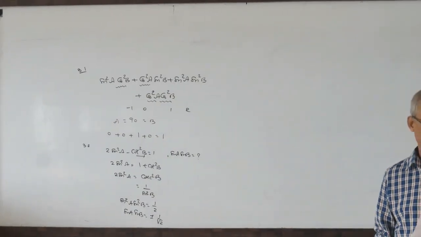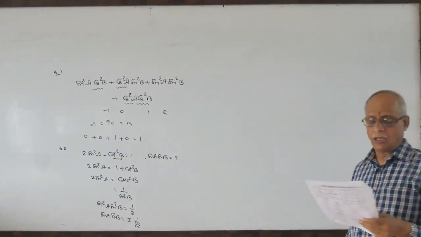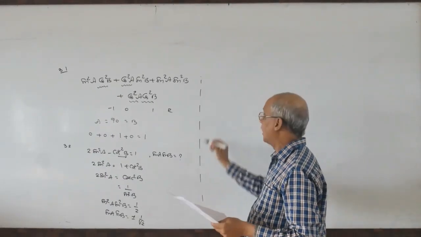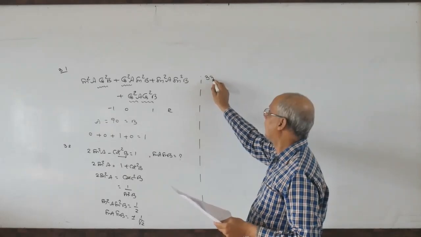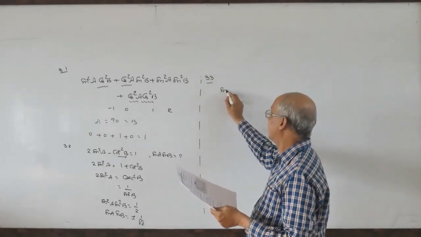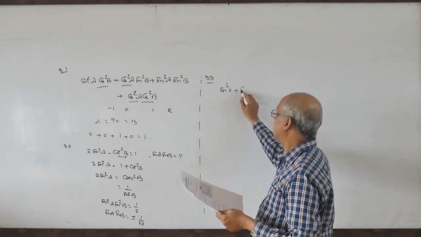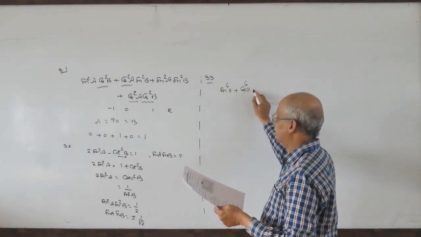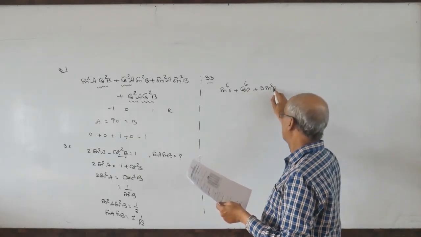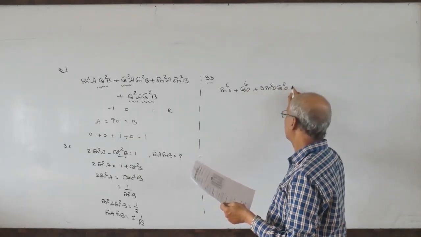Now, this is also very simple. The value of sin power 6 theta, cos power 6 theta, 3 times sin square theta cos square theta.